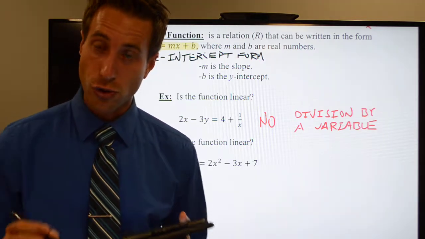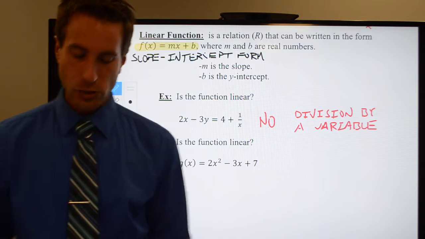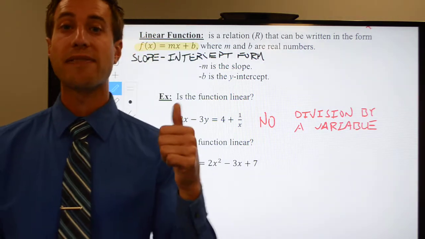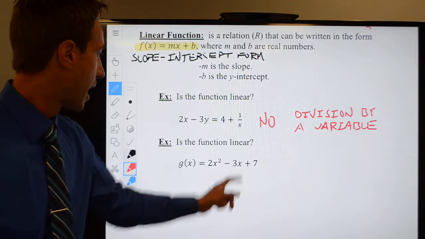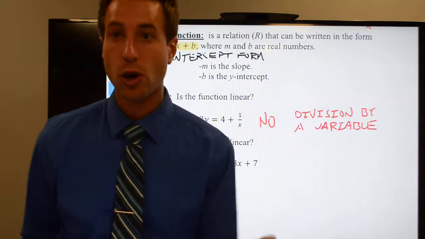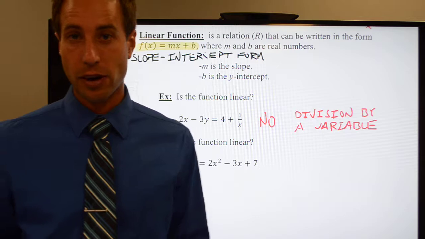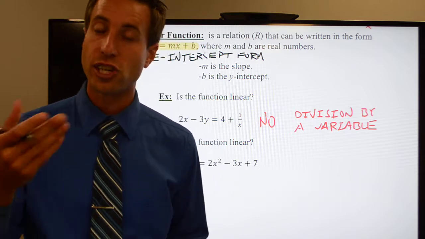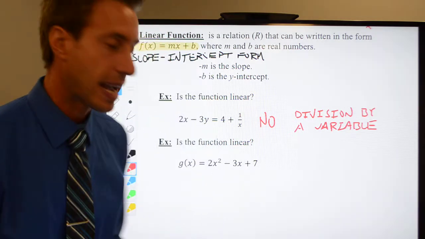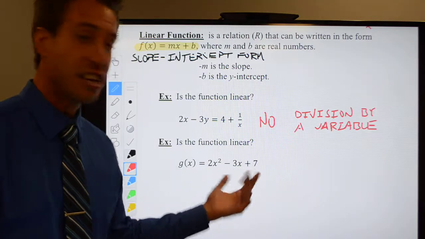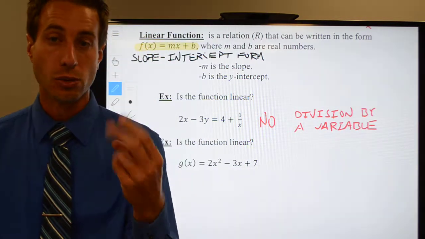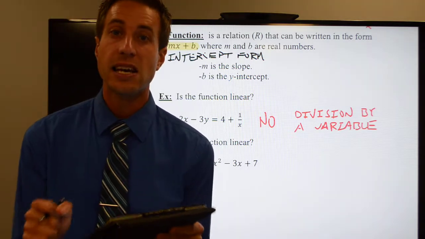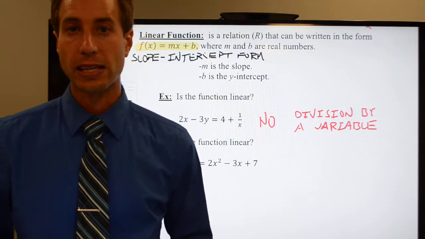All right, let's try the next one. Well, in the next one, we're going to run through it, and we're looking for, do I have any variables multiplied together? Well, I have an x all by itself here. I have an x all by itself here. So, no, I don't have any variables that are multiplied together. All right, let's check and see, do I have division by any variables? Well, I run through there. None of those x's are in the denominator, so we're okay there. We've passed 2 of the 3 tests. The third test is, are all of the variables raised to the first power?